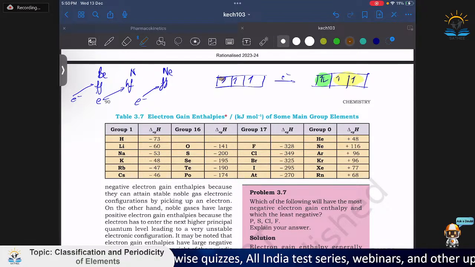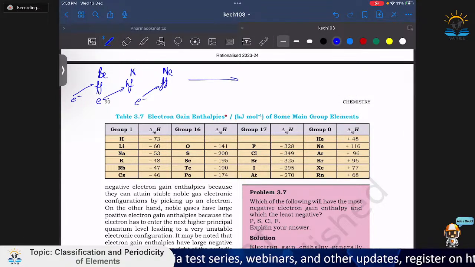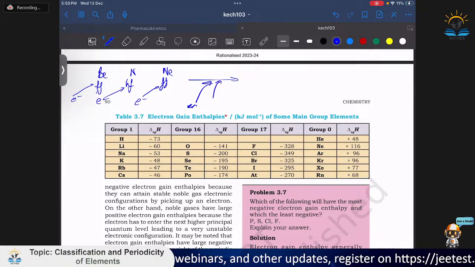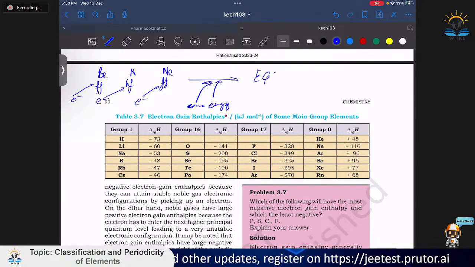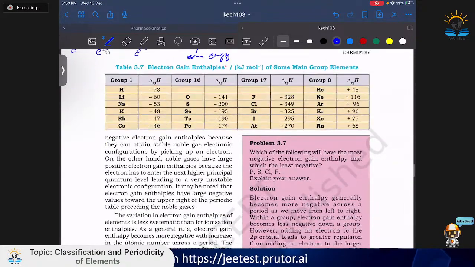Earlier, it was completely symmetrical. So yeah, this is totally unacceptable. They will resist. So to add an electron, you will have to put in extra energy. So electron gain enthalpy will be endothermic. You won't get any additional energy release, but you will have to give energy.